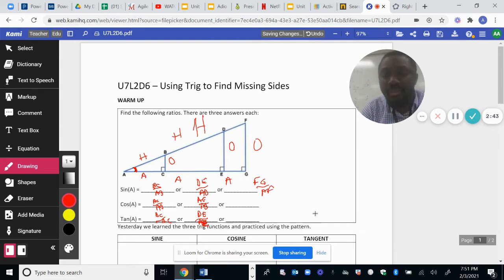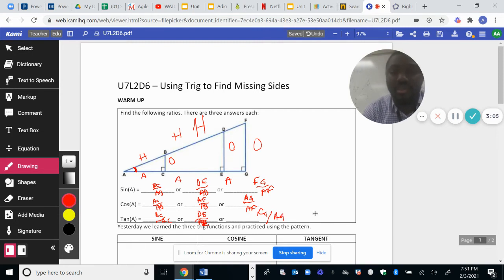Cosine of A is adjacent over hypotenuse, that is AG over AF, and then the tangent is opposite over adjacent, that is FG over AG.